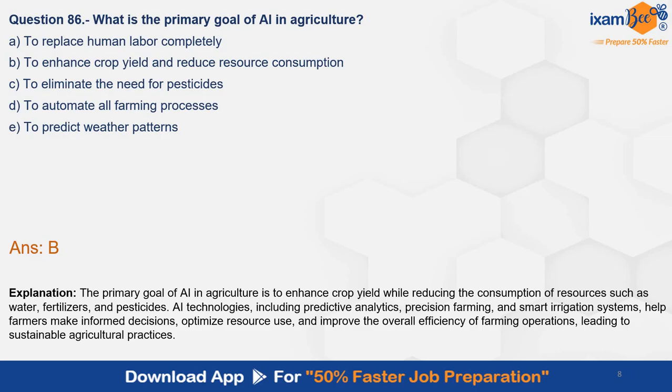For achieving this, many technologies are in use in the field of agriculture. For increasing production and optimizing resource utilization, we use different products and technologies. Technologies like predictive analytics and precision farming help in efficient use of water, fertilizer and pesticides, which helps in reducing resource consumption.